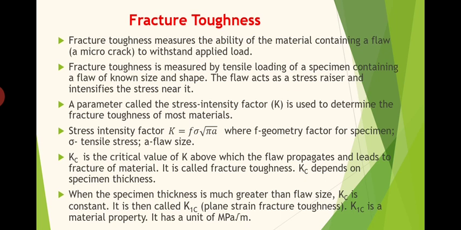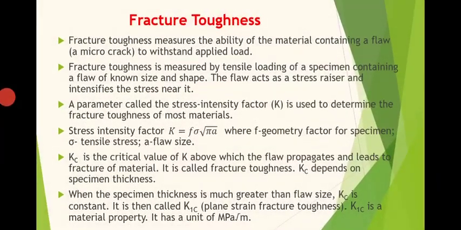It is called plane strain fracture toughness, and its unit is megapascal root meter. Those who are interested in K2C and K3C can refer to that area, but in our syllabus we only have to define fracture toughness. Only the definition is required, so I am not going deep into that subject.